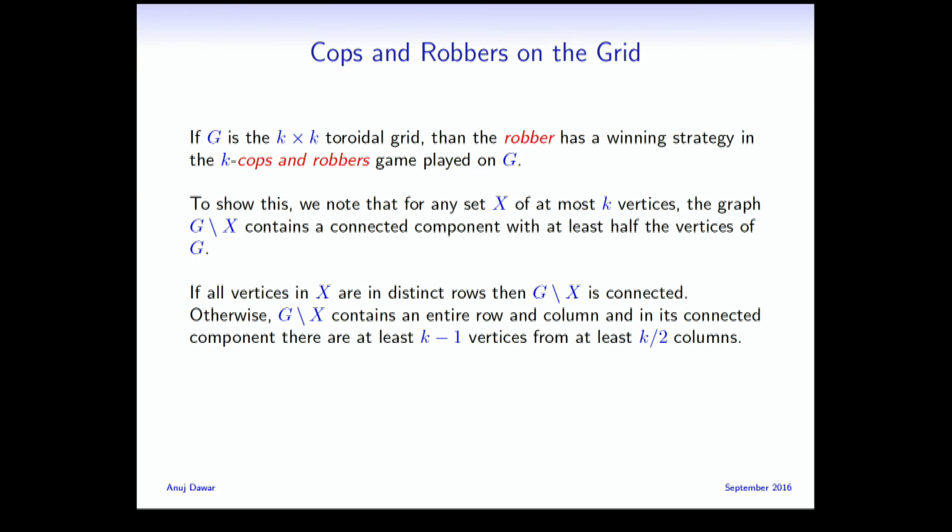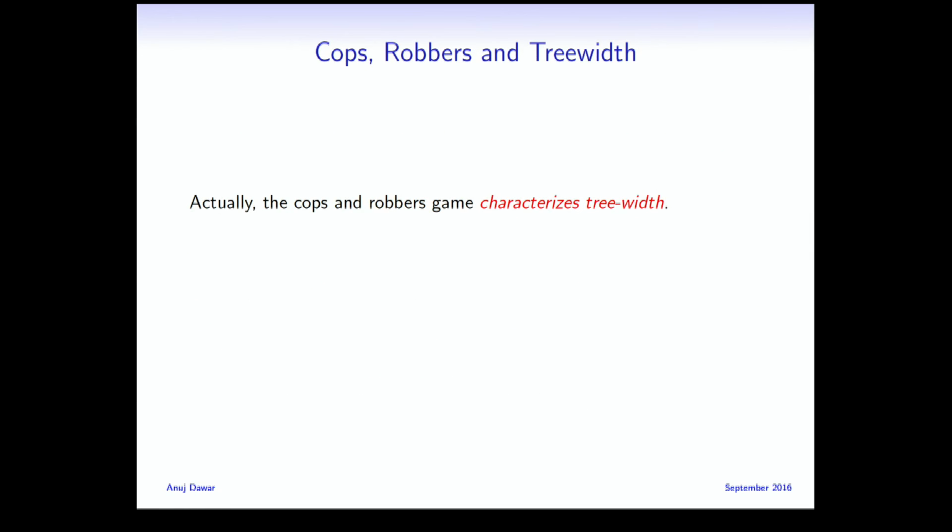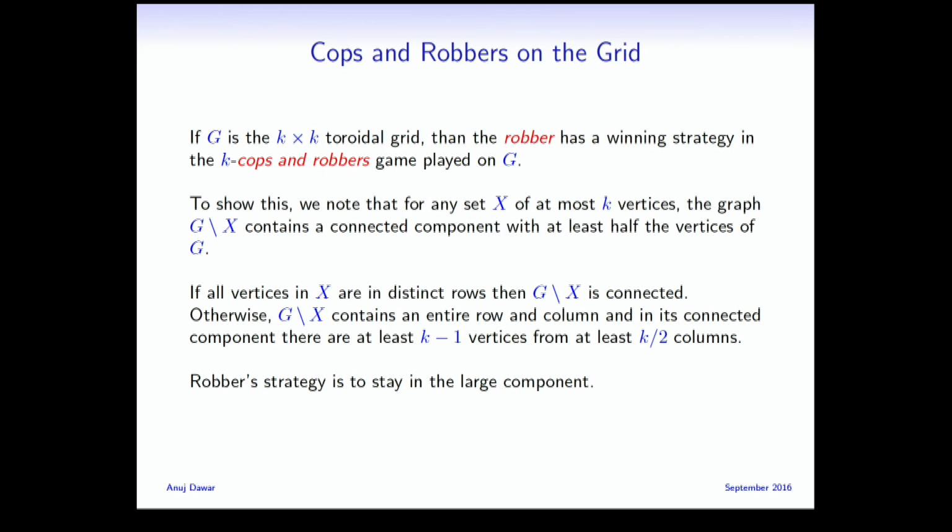So I had mentioned to you when I talked about tree width that the grid has tree width the minimum of its dimensions, and I gave you an upper bound by describing the decomposition. This is how you show the lower bound. Okay, and we're nearly done now. Stay in the large component and avoid the Y's. Well, not quite.